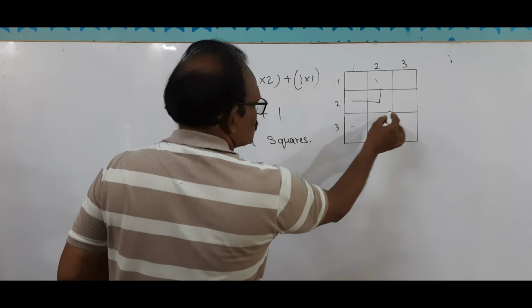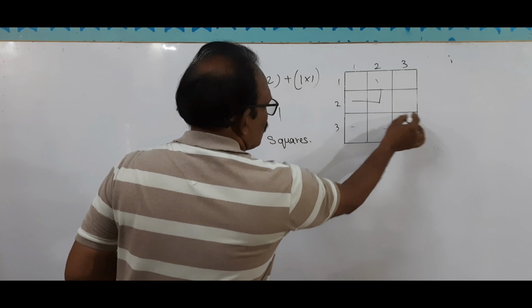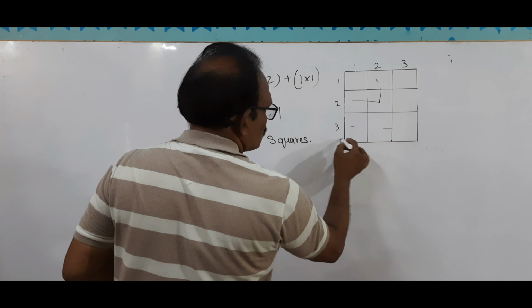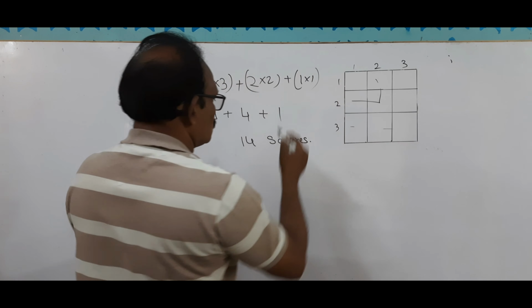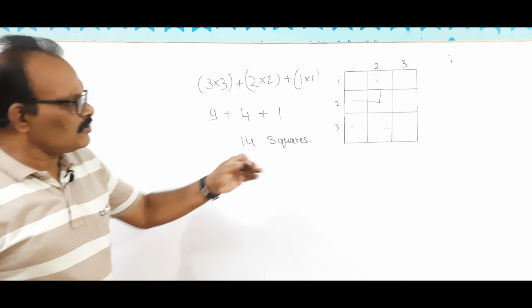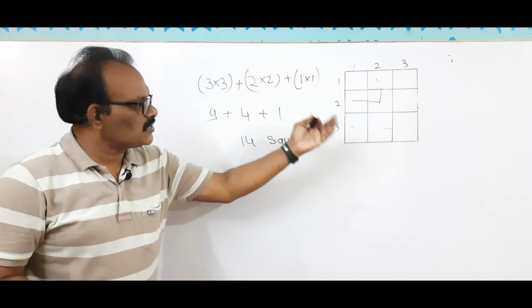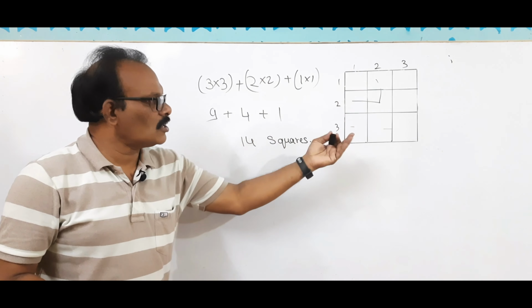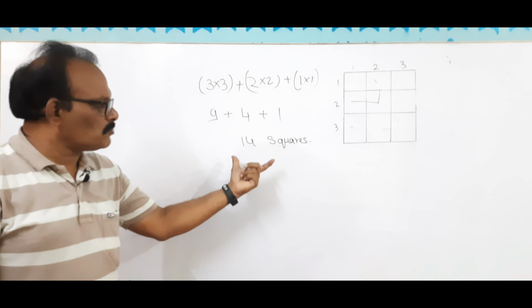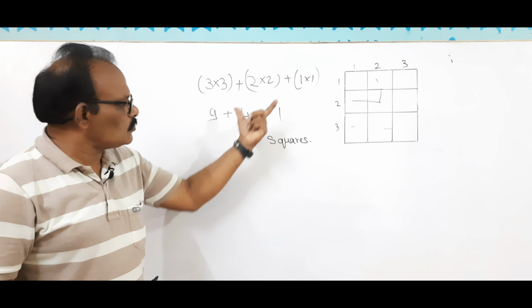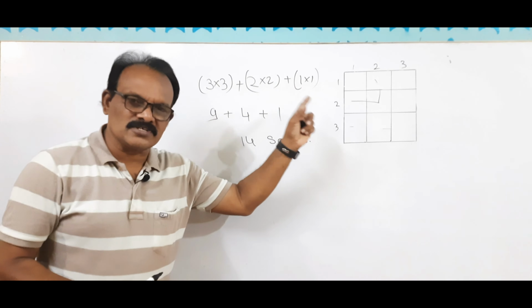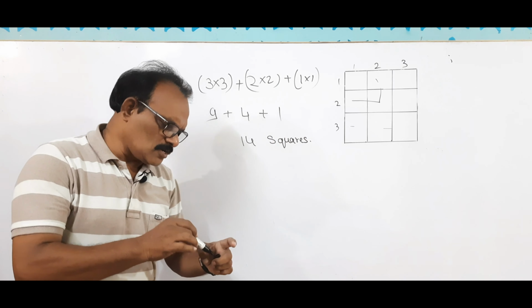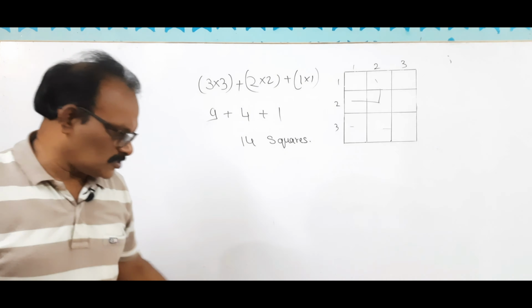Now this is also, 10, 11, 12, 13, and the bigger one is 14. So we may get confused. Sometimes we may miss one, oh, this one got left out, that one got left out. But if you go through this mathematical process, you will get the exact number of squares present in the figure. Now we will go to a somewhat bigger picture.